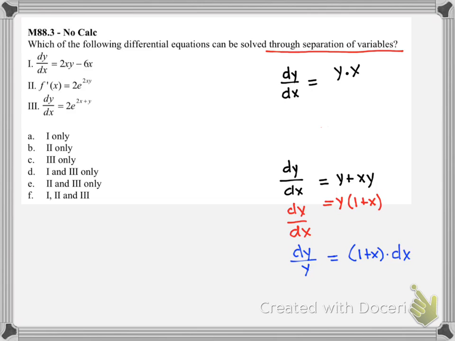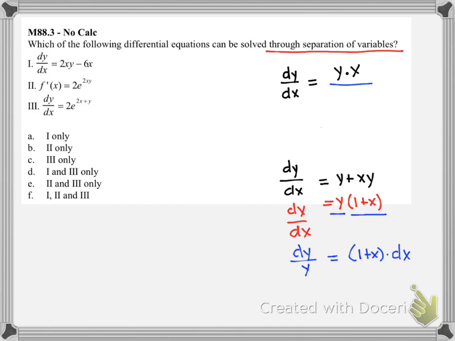Well, what was the same with both of these? This first one was written as a product, y times x. The next one after factoring was written as a product, a term of y and a term of x.